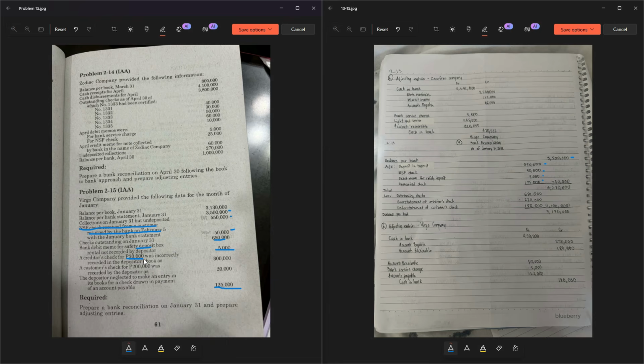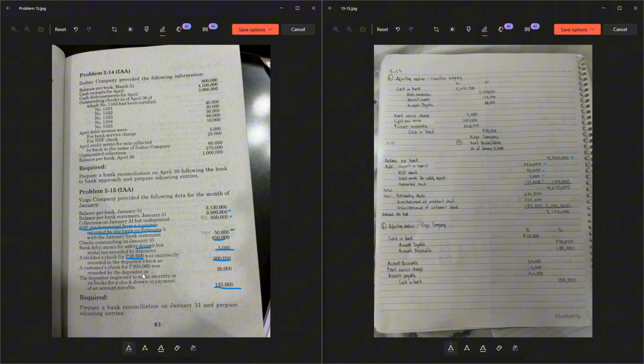It was overstated as 300,000. So therefore, you get the difference. Then you subtract it from this. Subtract it from your total, the previous total, and then the understatement of customer's check.